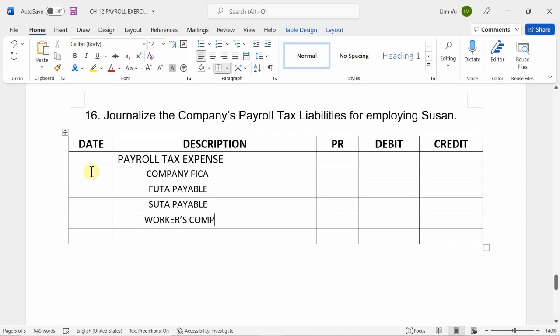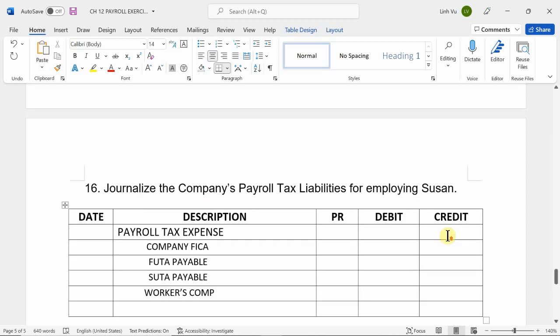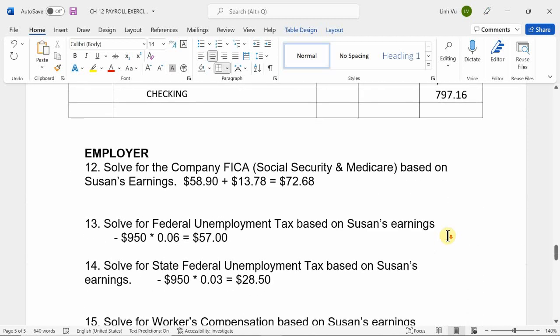So in this case, how much FICA did the company have to pay?